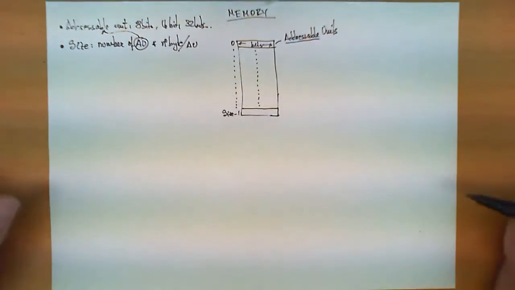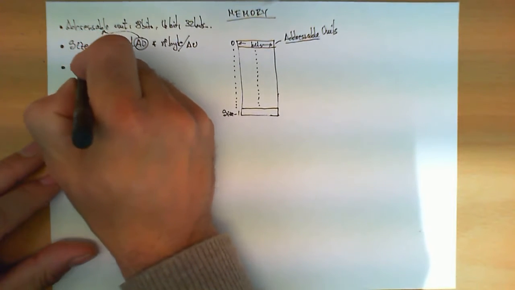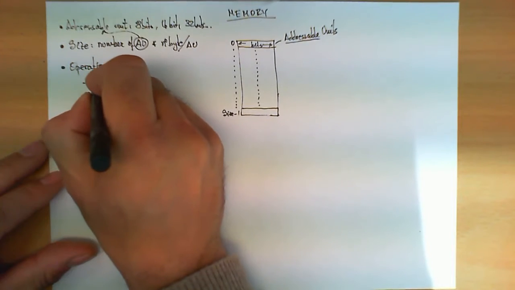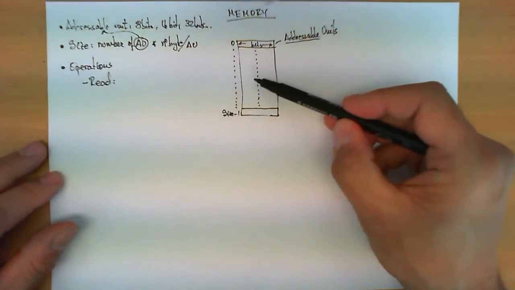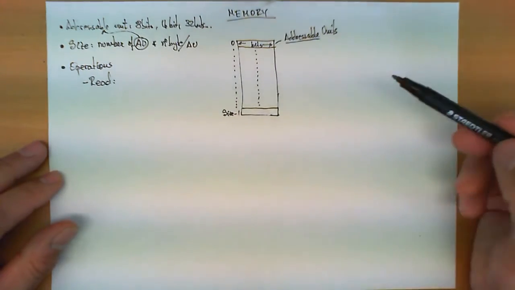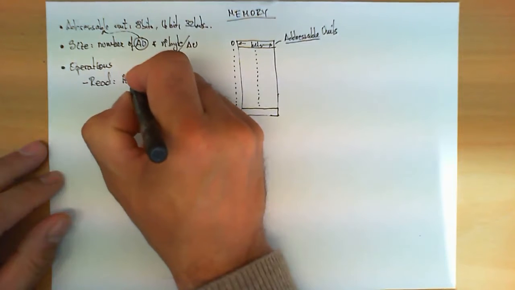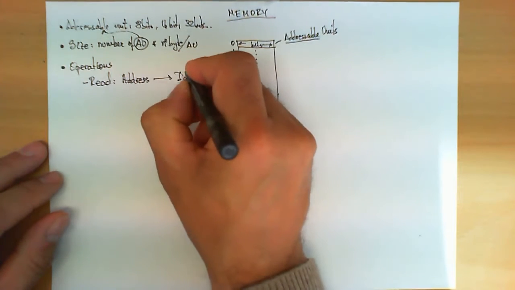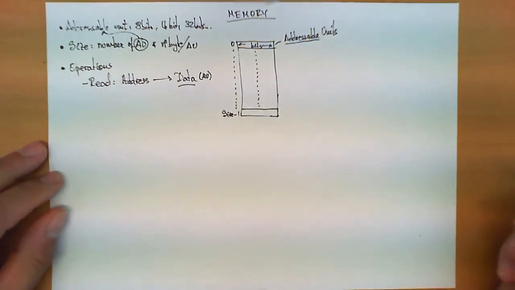Now, this circuit can perform two very intuitive operations. The first one is a read operation. A read operation consists of reading the content of one of these addressable units and returning it as the output of this circuit. So what it needs is an address, and it returns data, an addressable unit.